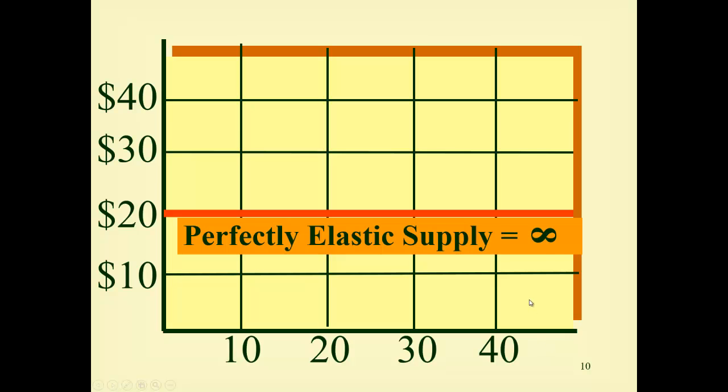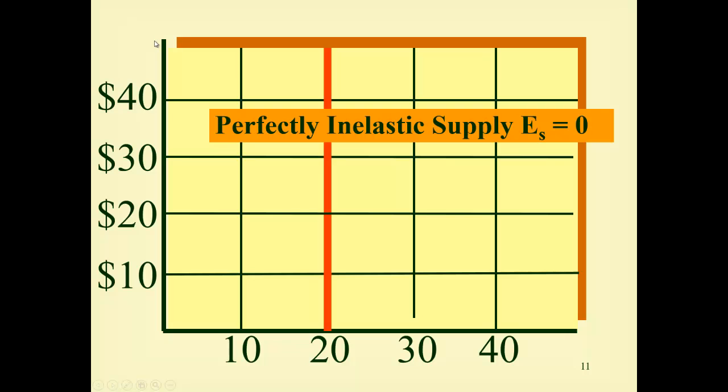And finally, supply is perfectly inelastic, which means the numerator is 0. Zero divided by any number is 0. Perfectly inelastic supply is vertical. If it's vertical, it means it's impossible to increase supply.